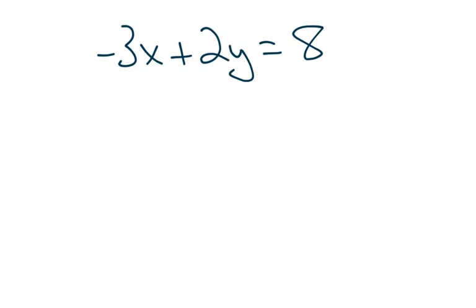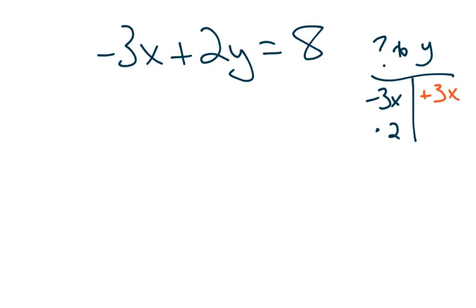So if I was making a chart of everything that was happening to y, I would say that 3x was being subtracted and that it was being multiplied by 2. So I'm going to add 3x to both sides, and then I'll divide by 2, because that'll take care of everything that is happening right now to y.